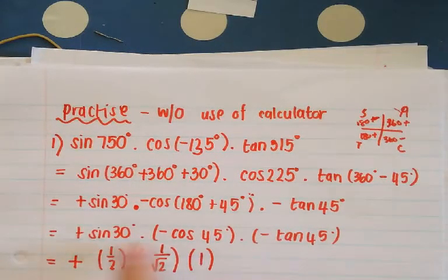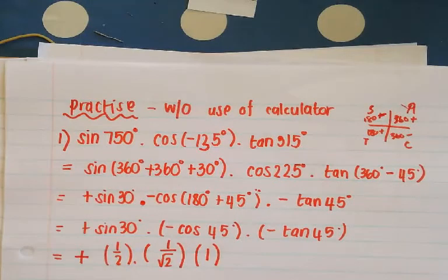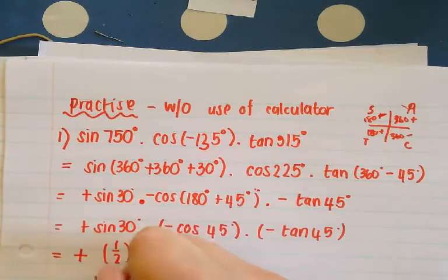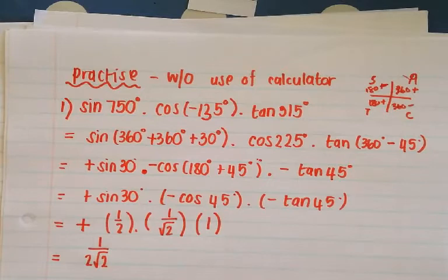So I did the signs first and then I changed it, and now I need to do my final multiplication. Top times top times top, so 1 times 1 times 1. 2 times square root 2 is just 2 square root 2. And that would be my final answer.